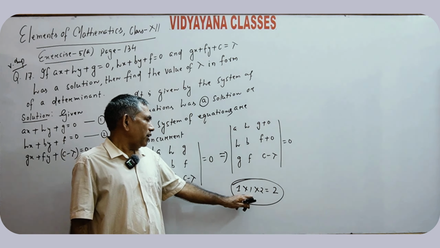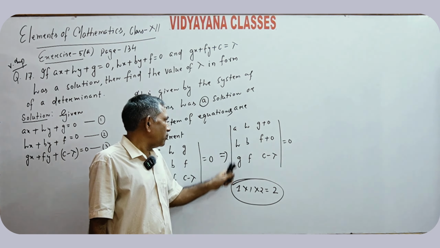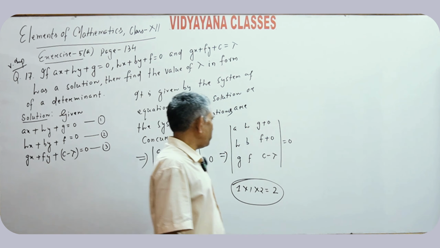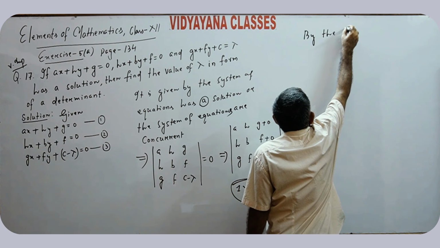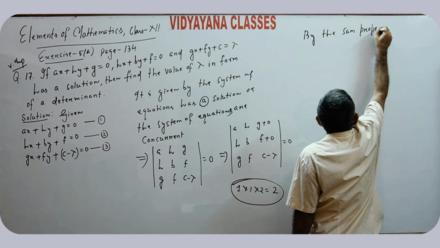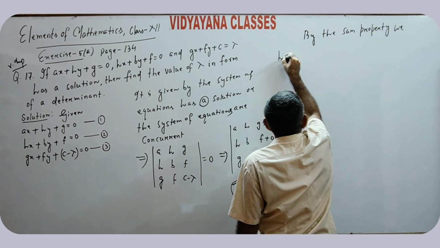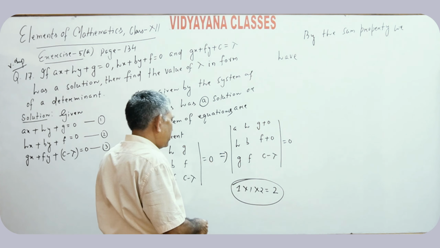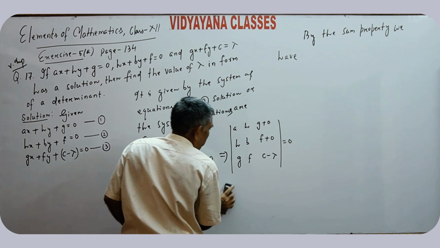By the sum property, we have the number of determinants as a sum is 2.